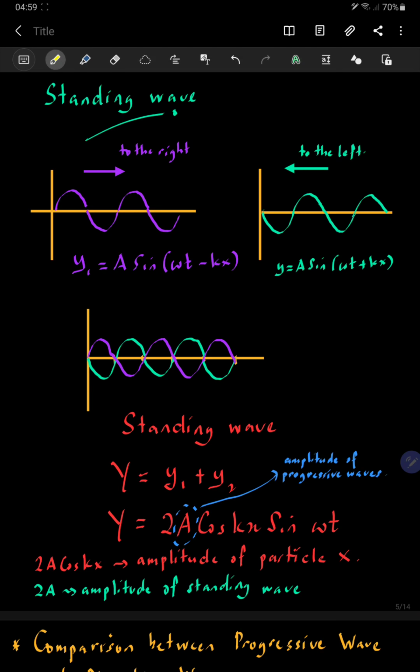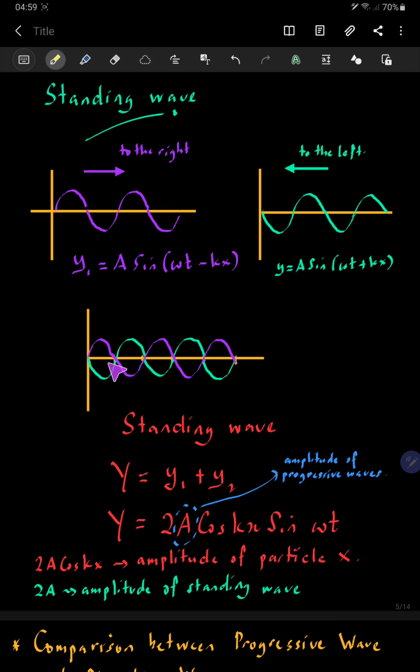So this is the main equation of the standing wave. Listen carefully: 2a cos kx represents the amplitude of the standing wave. 2a cos kx represents the amplitude of particle x.